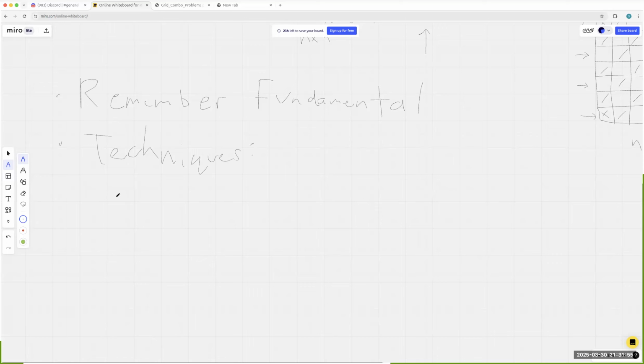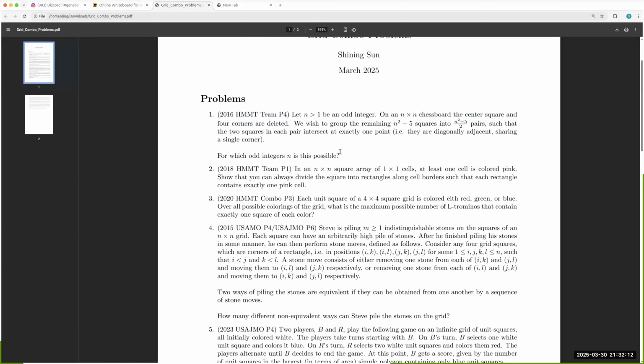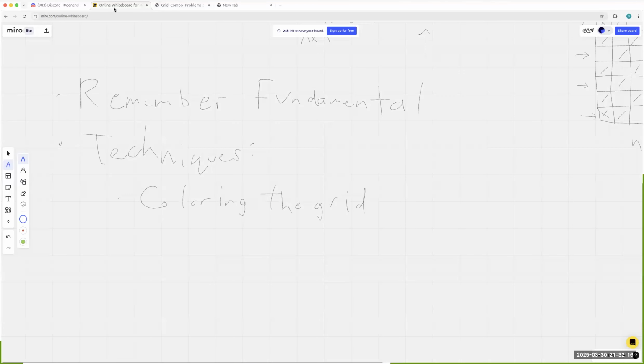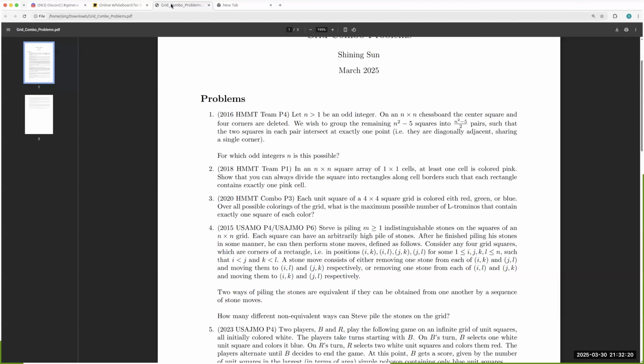So there's coloring the grid, and this was shown in the first problem, where we had to color the grid to show that the number of cells of each color are going to be the same. And then we counted when that's possible.